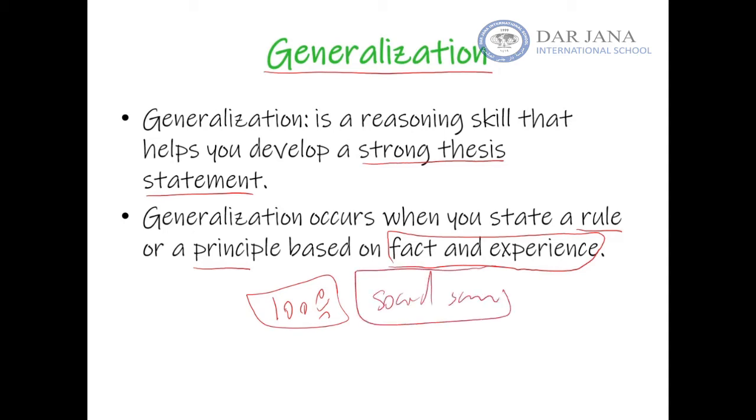In the physical sciences, yes, it is true that you might have a generalization of 100%, but specifically in social sciences, it's very hard to prove that. Sometimes people say it's impossible to prove that. But anyway, generalization is very important. And people who usually use generalization are scientists.